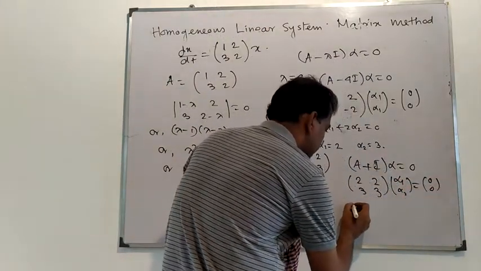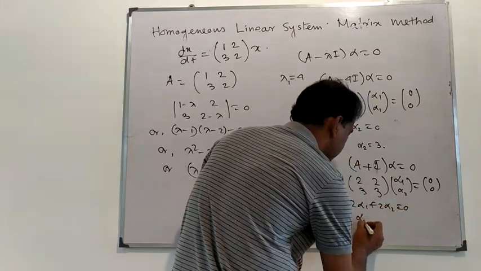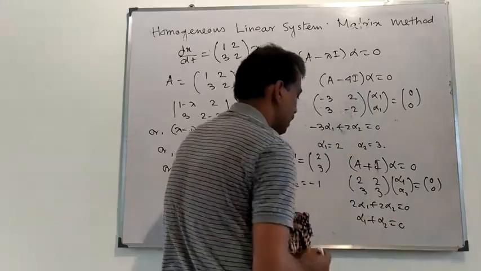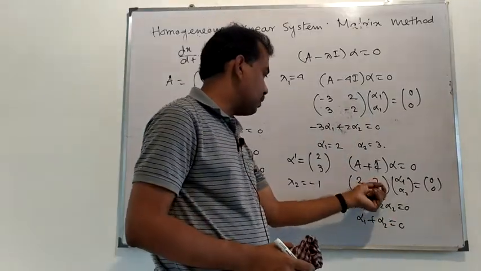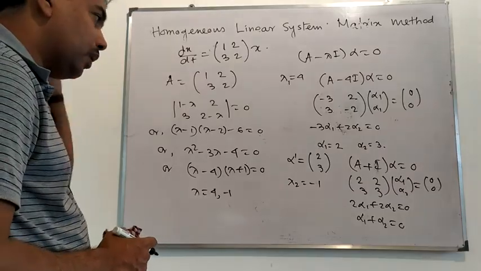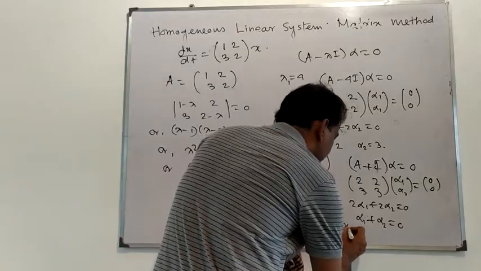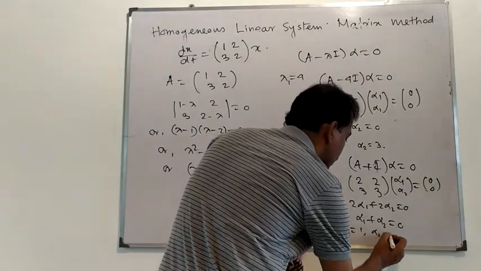From this we get 2 alpha 1 plus 2 alpha 2 equal to 0, that is alpha 1 plus alpha 2 equal to 0. And from the second row we also get the same equation, alpha 1 plus alpha 2 equal to 0. If we take alpha 1 equal to 1, then alpha 2 equal to minus 1.